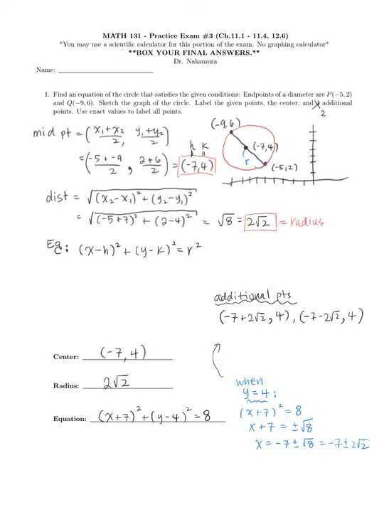Okay, so type it in the calculator. Just get an approximate value to make sure that you're doing this correctly. So here, if you type it in the calculator, it's approximately 4.2, comma 4. And then this one is going to be negative 9.8, comma 4, approximately. Okay, so let me just jot these out. I'll put it in blue. So when y equals 4, 1, 2, 3, 4. Oh, it's not too bad.